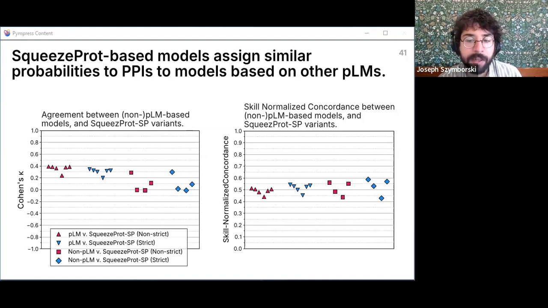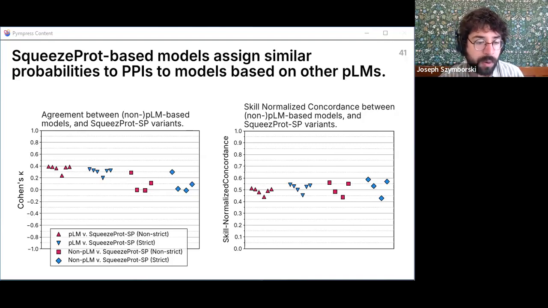So here you can see the non-pLMs have a lower Cohen's kappa than the pLM ones, and that's strictly just because the non-pLMs make less accurate predictions. But we wanted to measure agreement while controlling for the differences in ability between the different models. So that's why we came up with this idea of a skill normalized concordance. The details are in the paper.